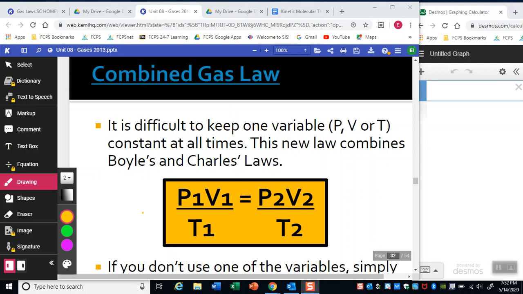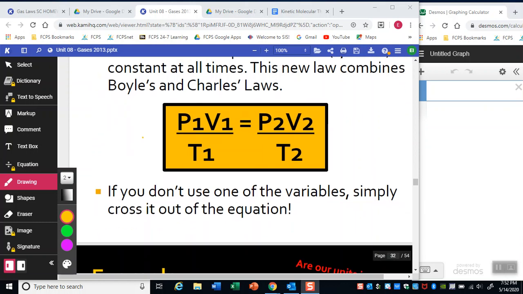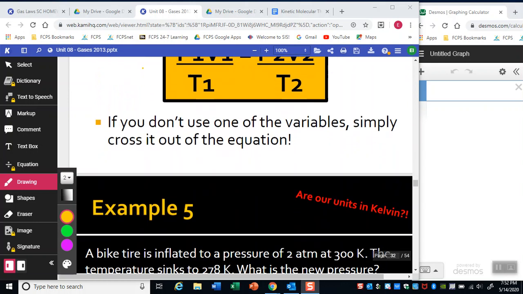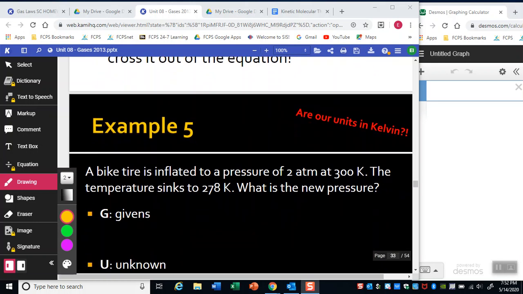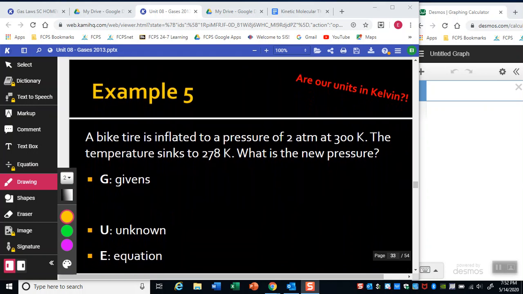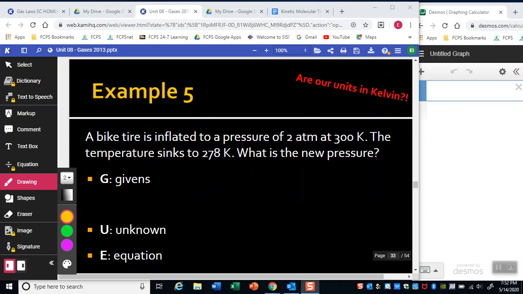If you don't use one of these variables, you just cross it out, and that leaves you with one or the other. So that does make it easier. Also, you only have to remember one thing. Remember, very important, the temperature has to be in Kelvin.